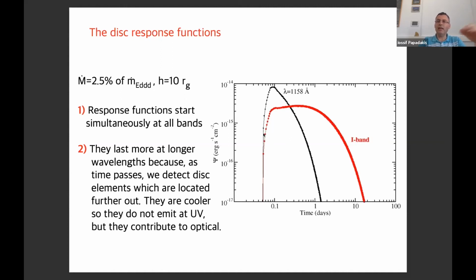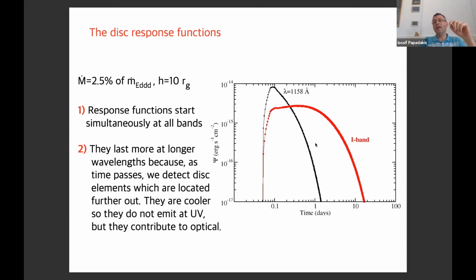As you shine the X-rays, you will start seeing the inner part of the disk. This inner part is very hot. Of course, it emits UV, but it emits in the I band as well. Yes, the size is small, but the temperature is so high that immediately you will see the response of the disk in the I band rise up.